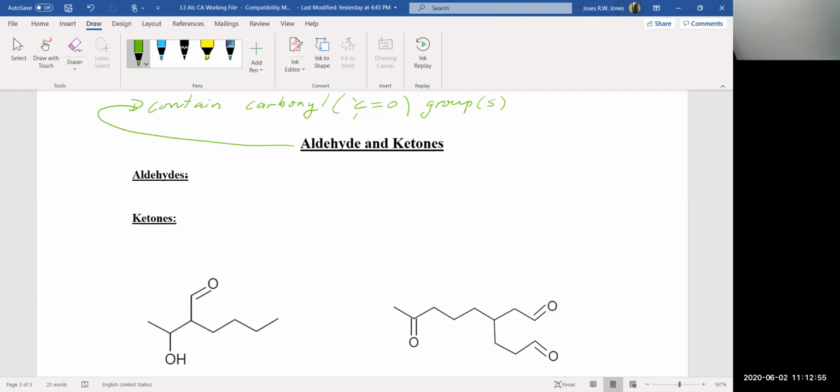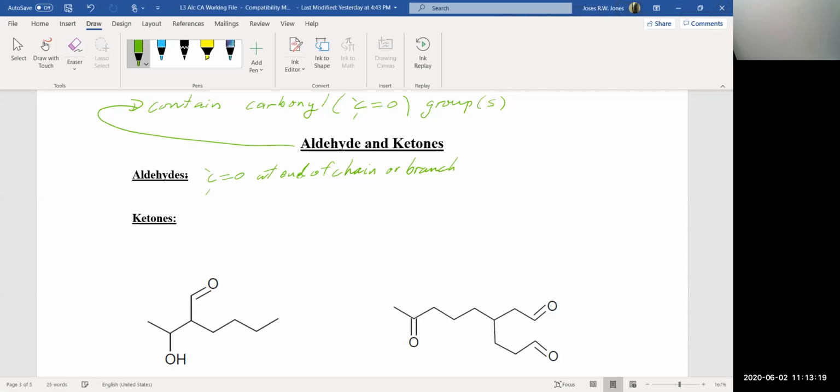And an aldehyde has a carbonyl group, C double bond O, at the end of a chain or branch.